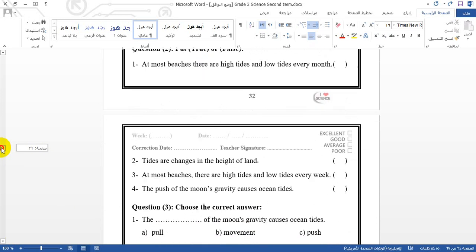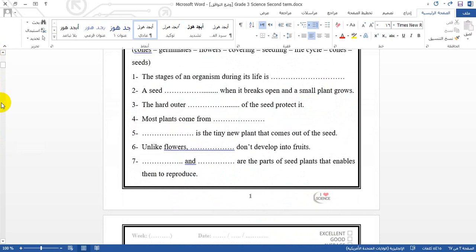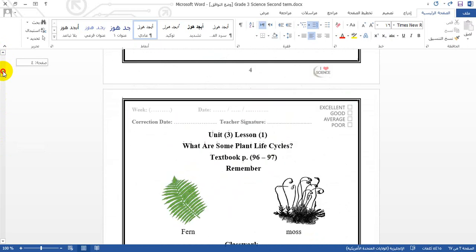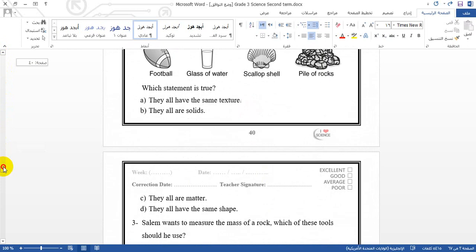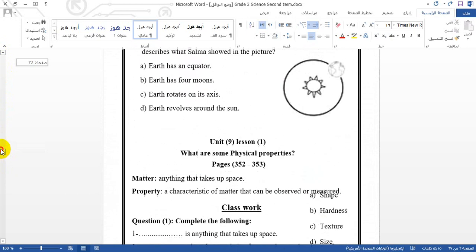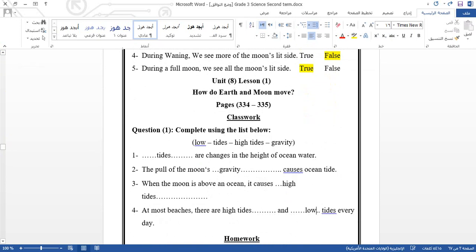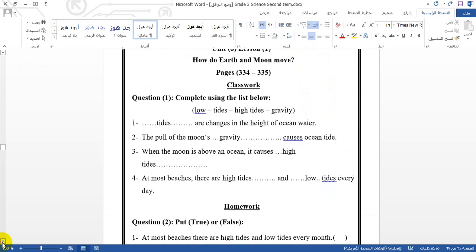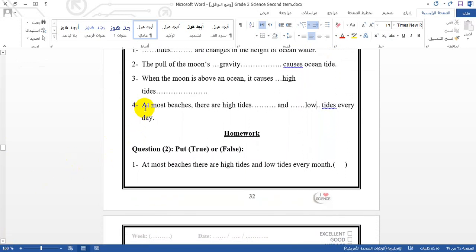Okay, so we are on page 32. Now question number 2.